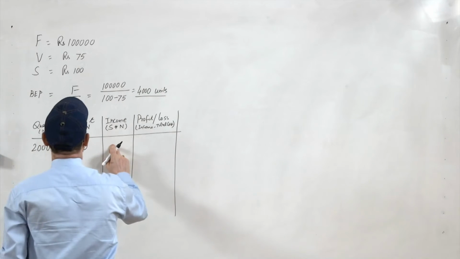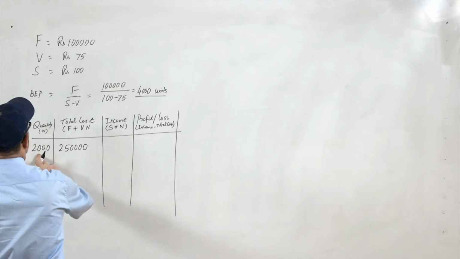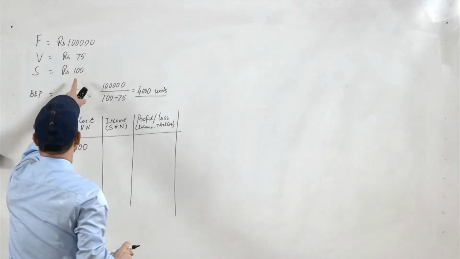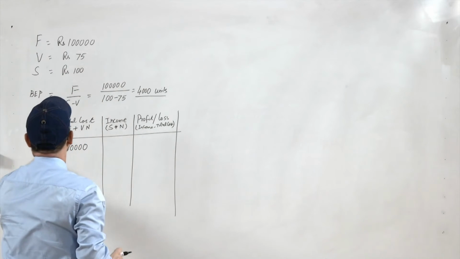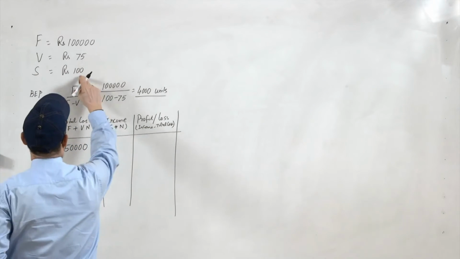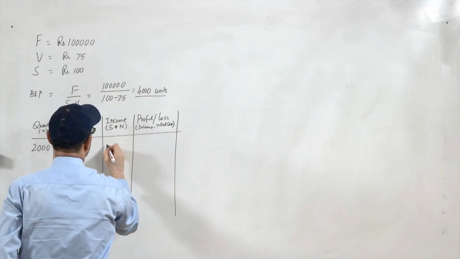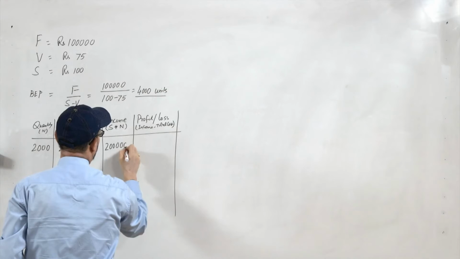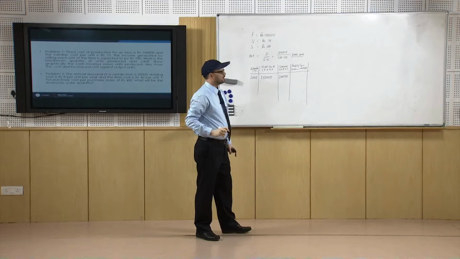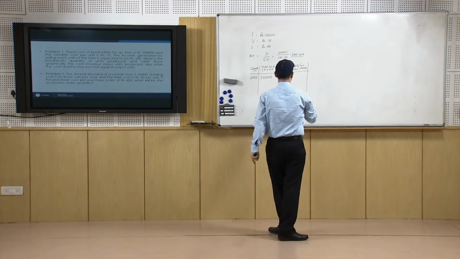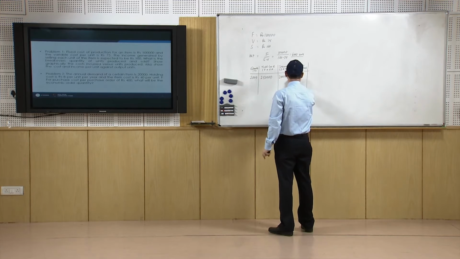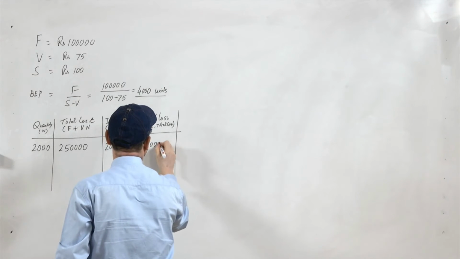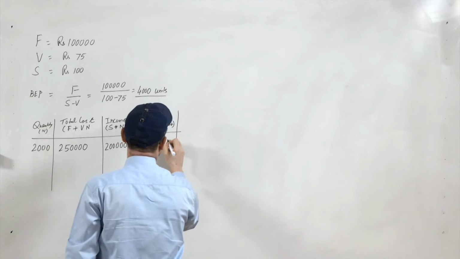Then income will be S multiplied by N. So, 2000 multiplied by 100, that will be 2 lakh. So, you will have profit or loss, income minus total cost, that is coming as minus 50,000. So, this is basically a loss.